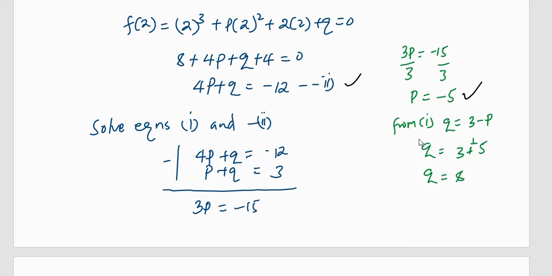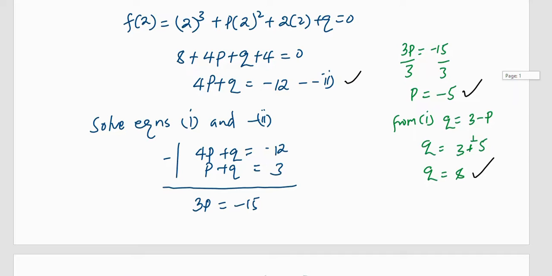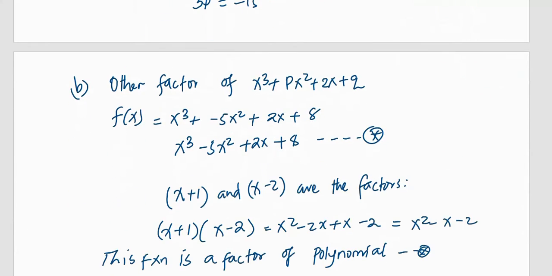If we use equation 1, 2 is equal to 3 minus p, so 2 is equal to 8. So we have gotten the values of p and 2, and when we put them in the polynomial, the expression becomes x cubed minus 5x squared plus 2x plus 8.